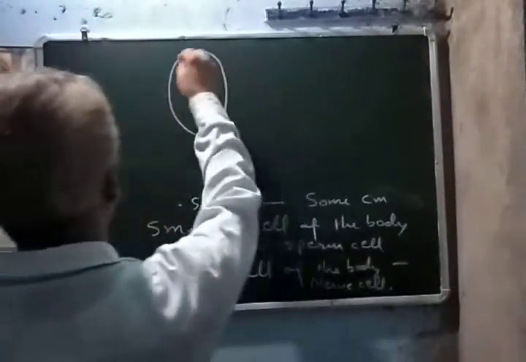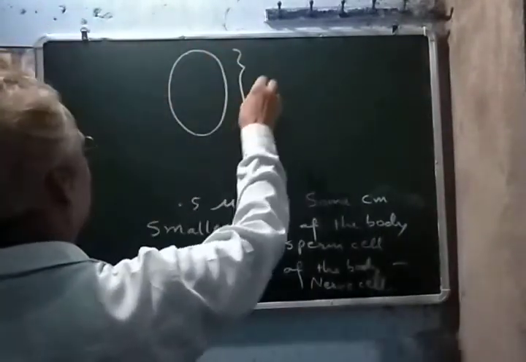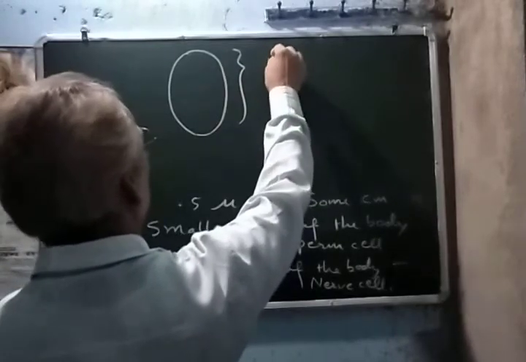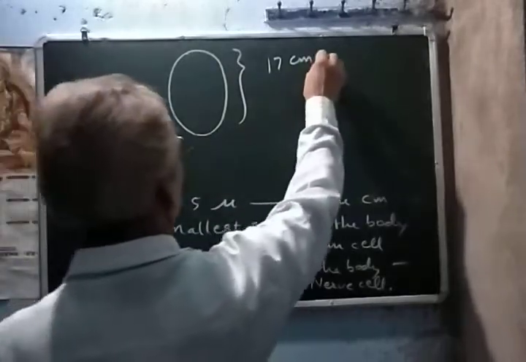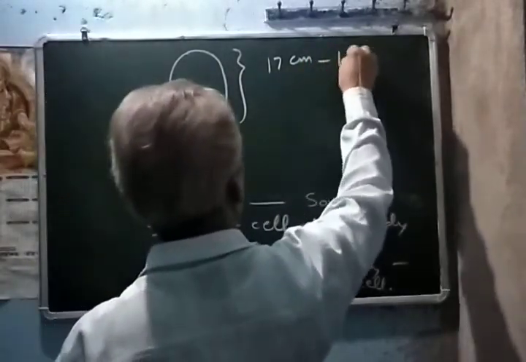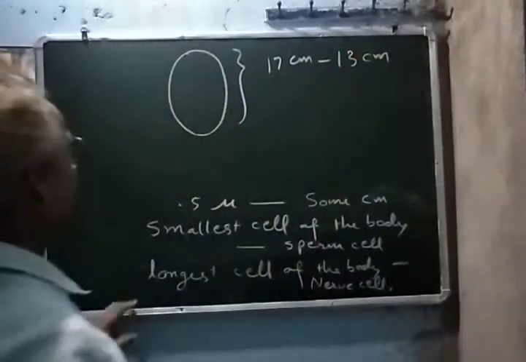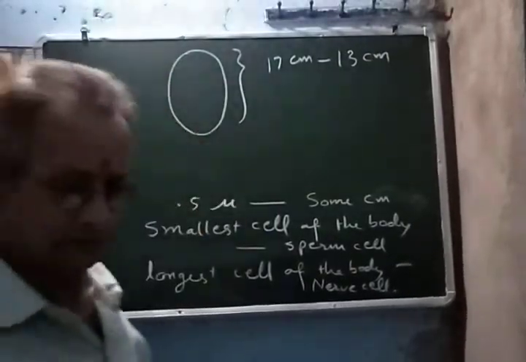The ostrich egg is measured as 17 centimeters to 13 centimeters, that means length and breadth.